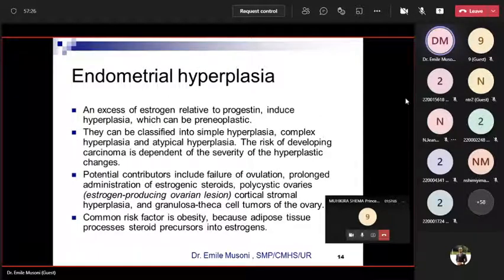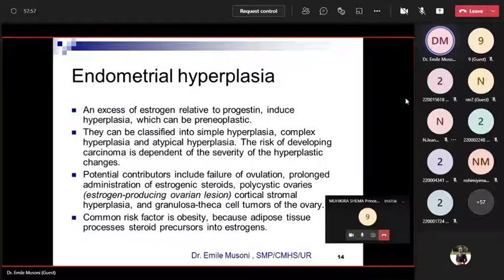Another benign condition that we commonly see is endometrial hyperplasia. This one can be classified into simple, complex, or atypical. And when you see a female in menopause with uterine bleeding, think about endometrial carcinoma.